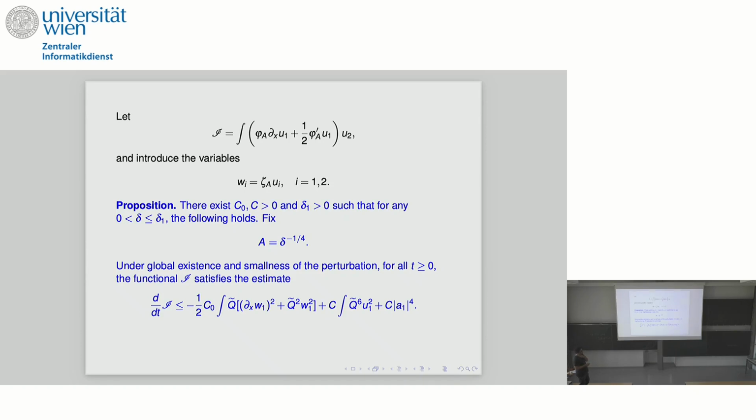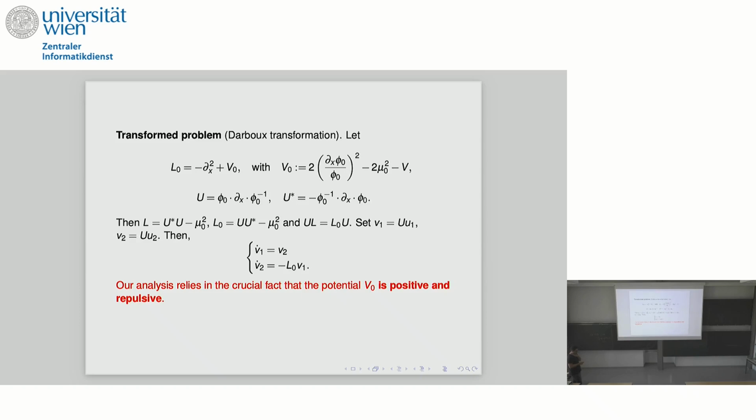So in order to get rid of this term and get full control on the variable W1, what you have to do is to transform the problem, or use a Darboux transformation for the problem. But the only problem here is that H tilde is not explicit. Phi naught is not explicit. Mu zero, the eigenvalue, is not explicit.